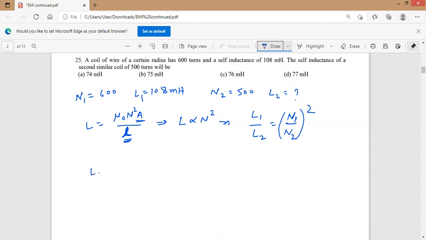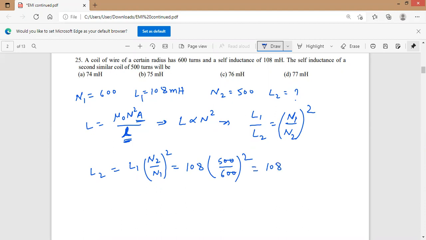We want L2. So L2 is equal to L1 into N2 divided by N1 whole square. This is equal to 108, L1 is equal to 108, into N2 is 500 divided by 600 whole square. 00 cancel.